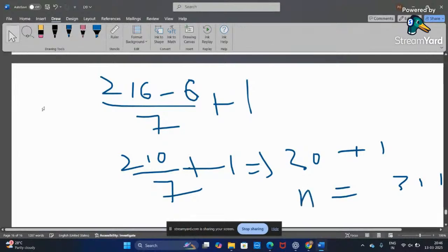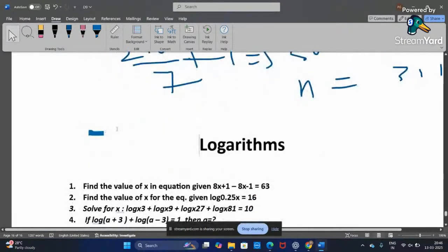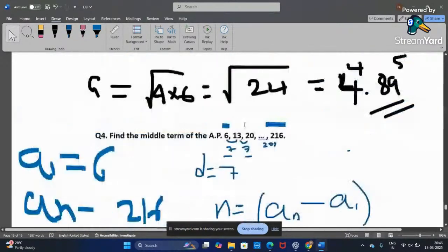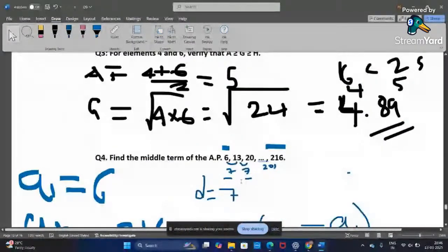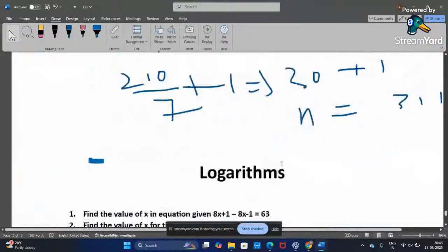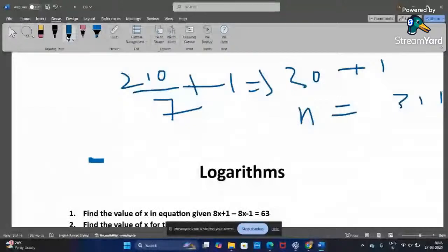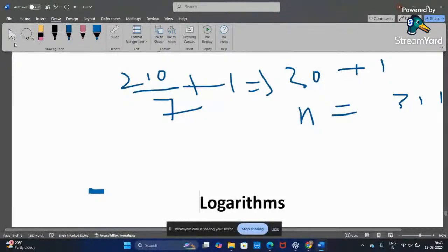That means there are 31 numbers in the given AP. From 6 to 216 with a difference of 7, there are 31 numbers. Okay, n is 31. So we need to find the middle term in this, right? How to find the middle term?